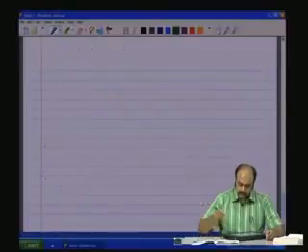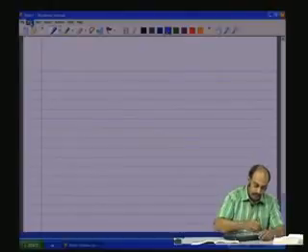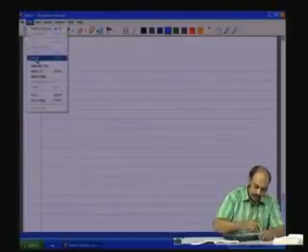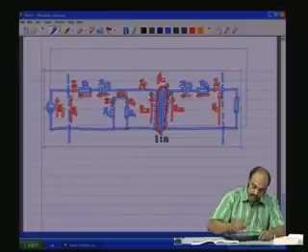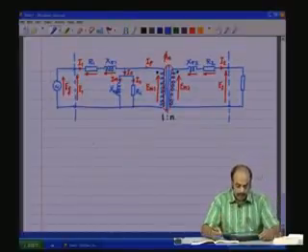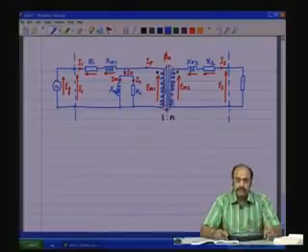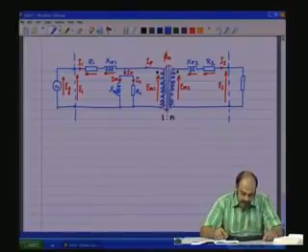Now, the next point we would like to discuss is the equivalent circuit itself. We see that this complete equivalent circuit can be simplified under certain operating conditions.